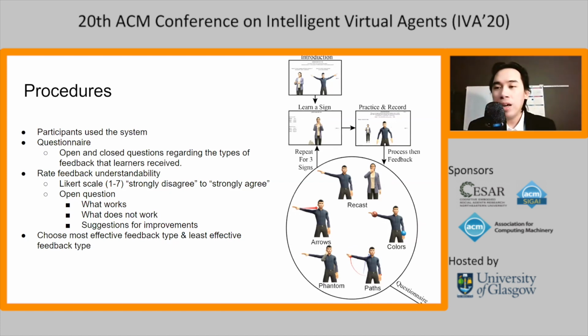In the learn screen, the sign is chosen randomly for them. And in the feedback screen, the different forms of visual feedback are also shown in a random order. This process is repeated 3 times before they go on to answer the questionnaire.